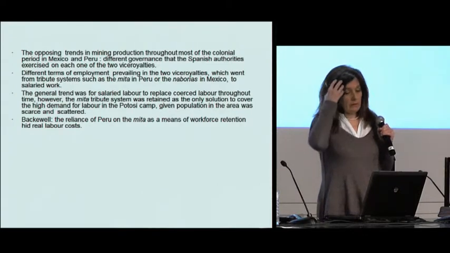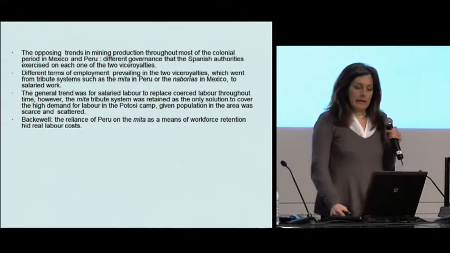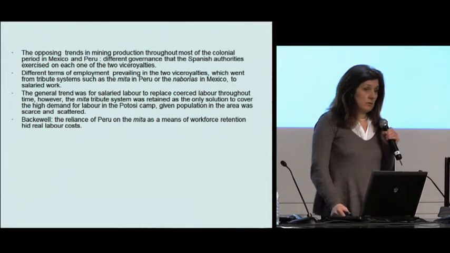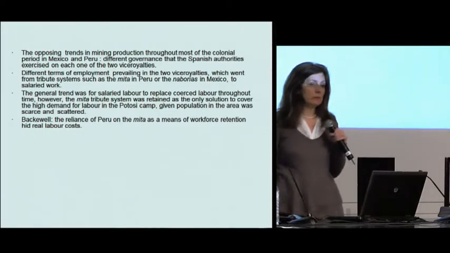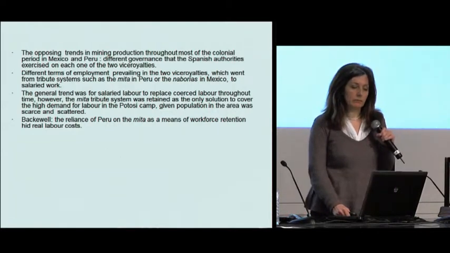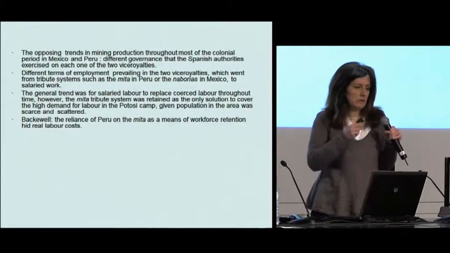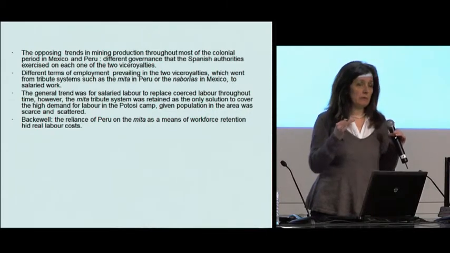Yeah, we know that in Peru the mita was used, and the mita is a tribute system that was inherited from the Incas that forced workers, the Indians who worked in the mines, to work 4 months a year with a minimum pay of course, but it was forced labor.